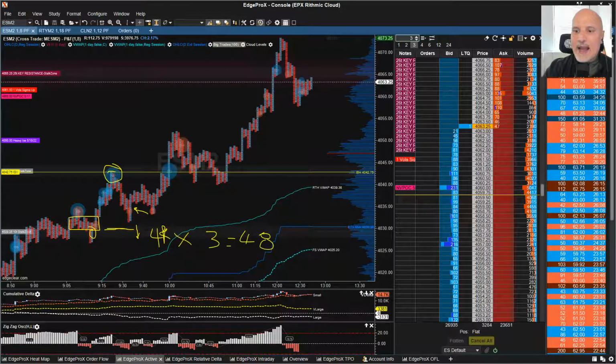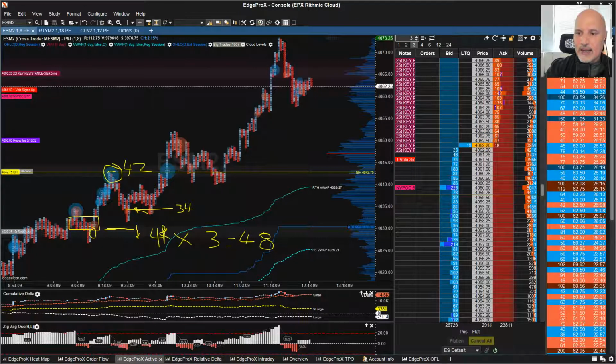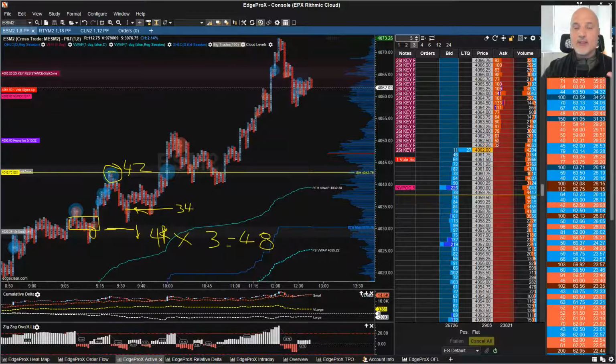And then now I have to balance that. So this is a 34, and I've got 42 as the target. It's really 42.75, but let's use 42. So I've got 4 points of risk, and if I get the target of 42, I've got 8 points of a target on risk off.